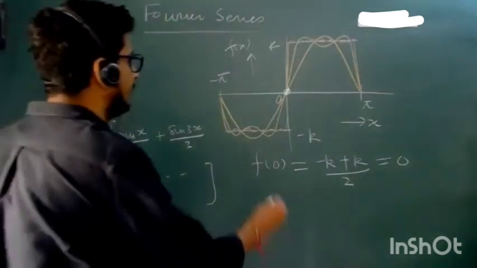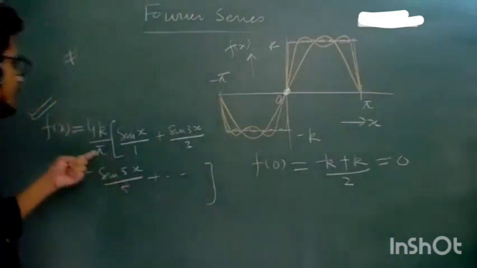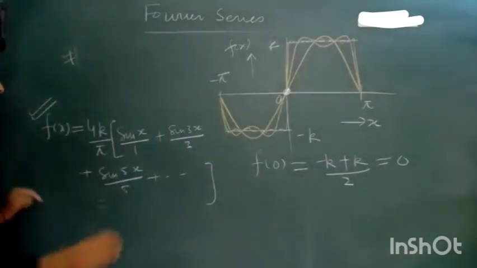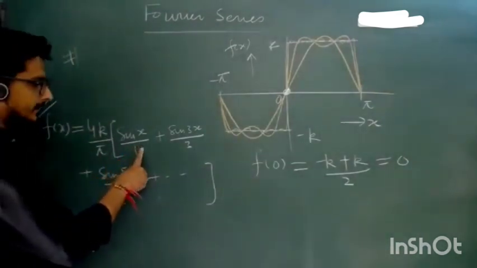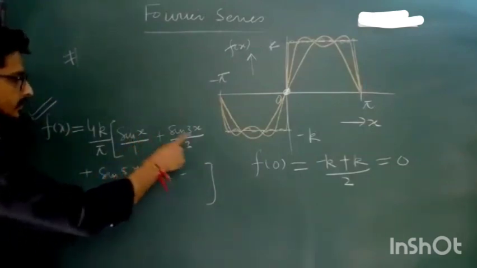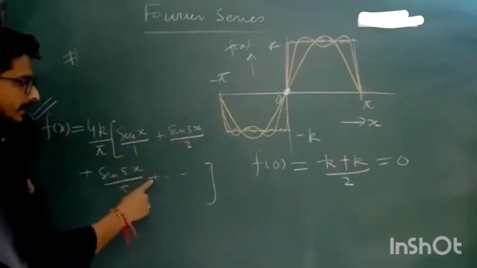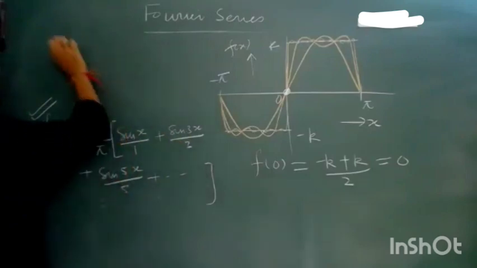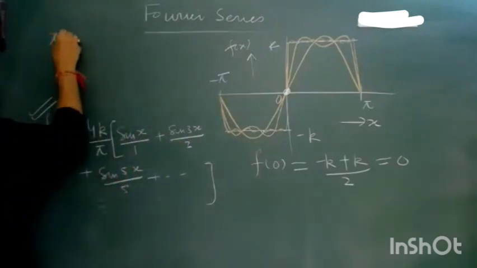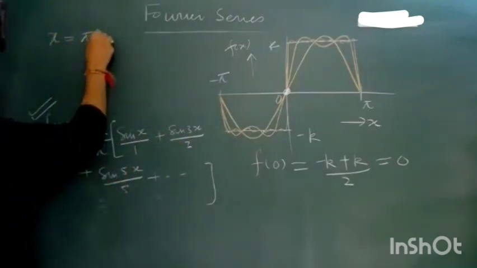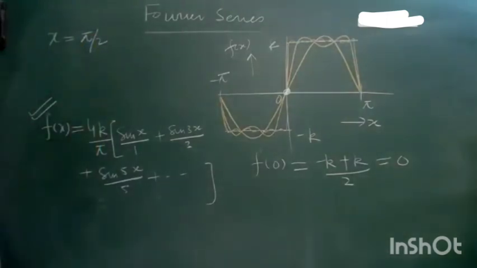And I want to generate a series from this. So for the series you can see that the sine value should survive. So what I am going to do is I will take x equal to pi by 2. You know sine pi by 2 is 1.